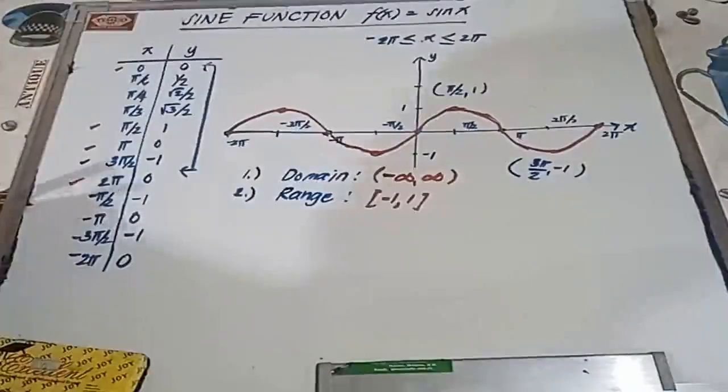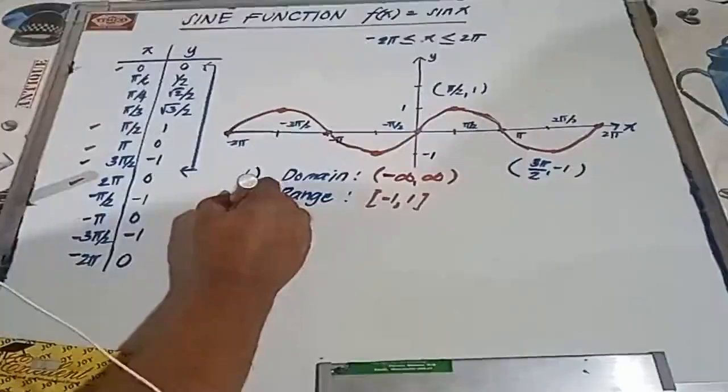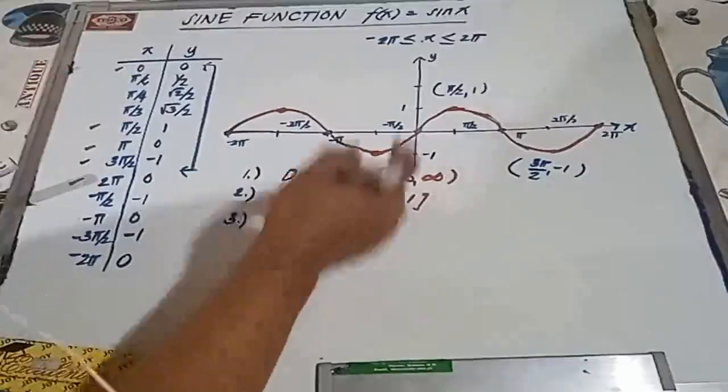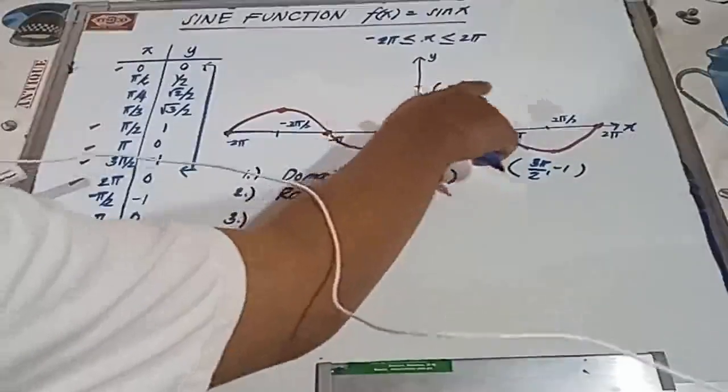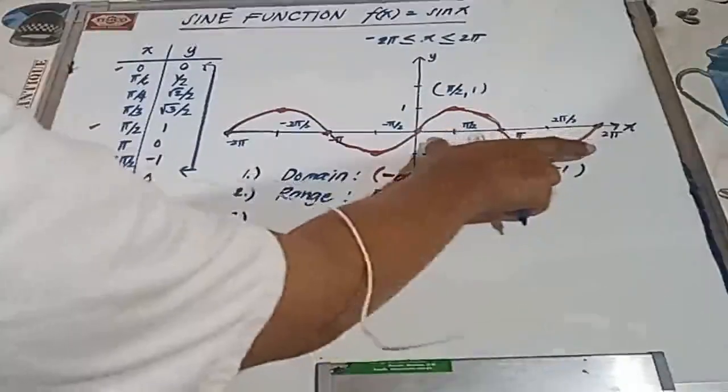What else? Yung period niya. Isang cycle niya is 2 pi before maulit-ulit yung kanyang position. For example, from here, papunta ron.